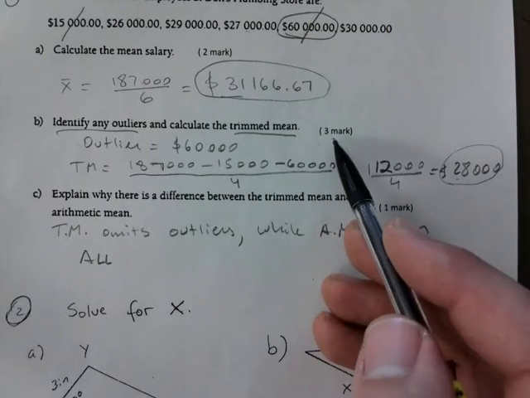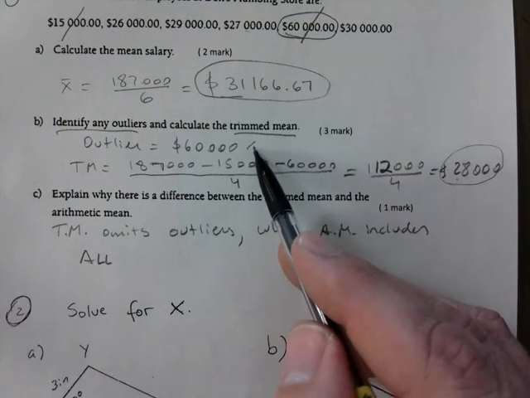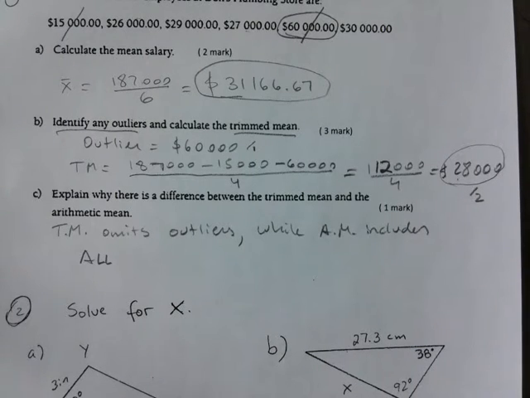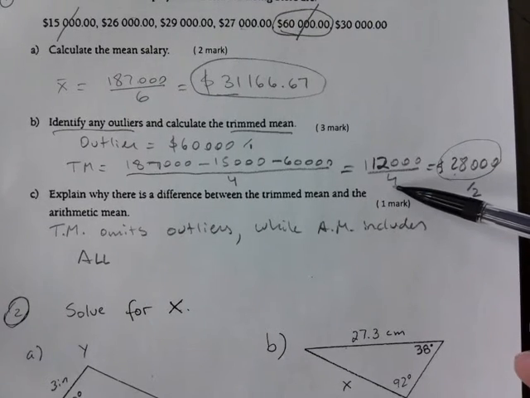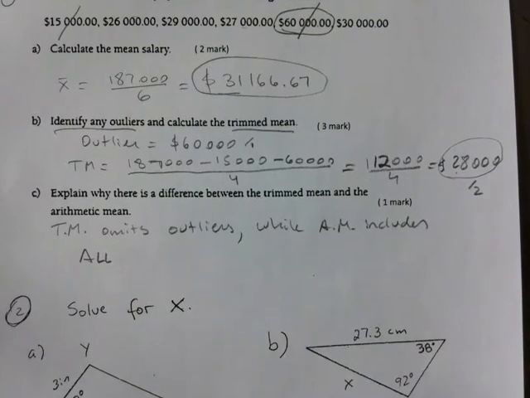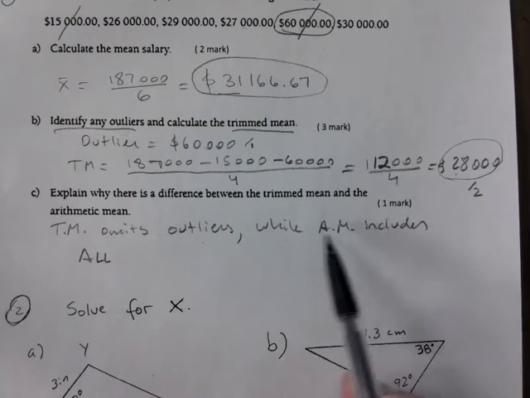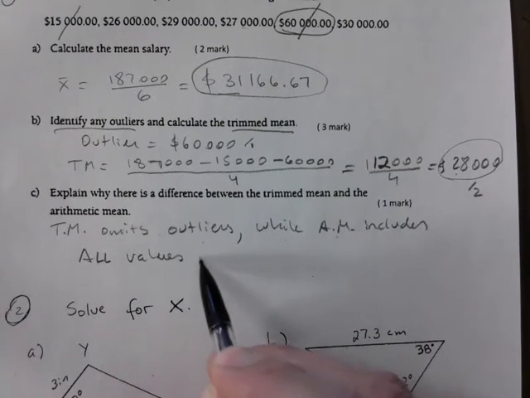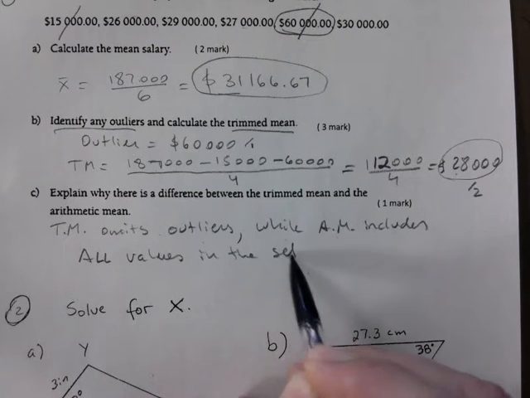Why are you getting 3 marks? Well, you get 1 mark for identifying the outliers, and then 2 marks for identifying the correct trimmed mean, which means you have to make an adjustment to the sum and to the number of values you're considering. Trimmed mean omits outliers, while the arithmetic mean includes all values in the set. Right?